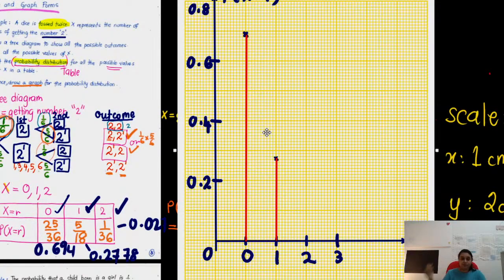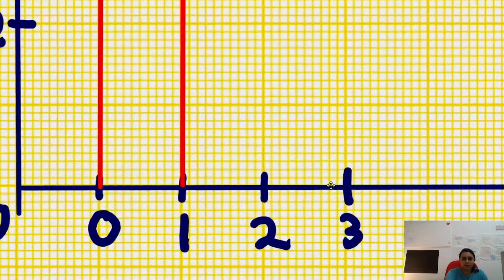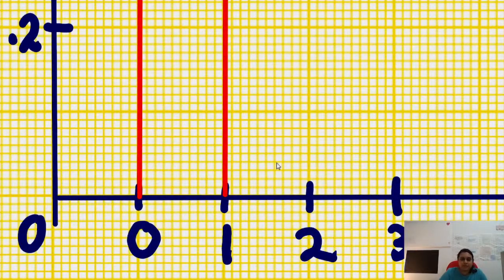The last one for 2. For 2, I must put 0.027. It's going to be very small. This is 0.1, right? 0.02 is somewhere here.